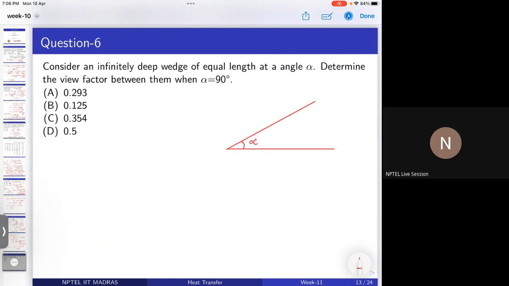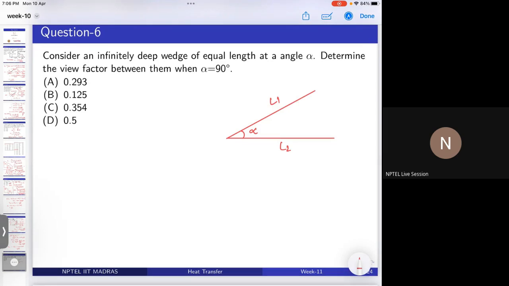We will derive for any angle alpha, and then apply it at 90 degrees. Let these two lengths be L1 and L2. I'm deriving for the general case, which may be helpful for you, because it's always useful to derive. So L1 and L2, for example, at an angle alpha. This is what we have.